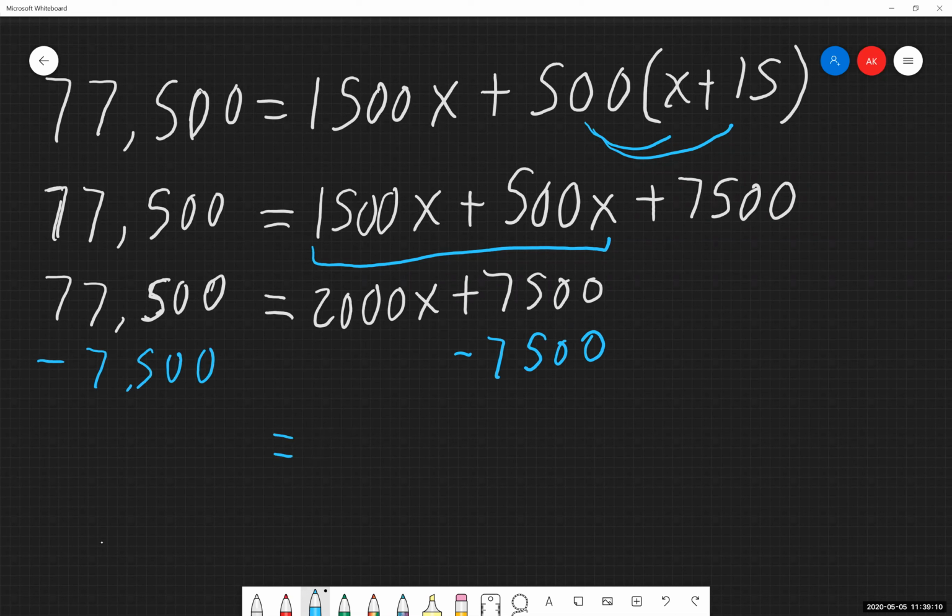Keeping the colors accurate here. On the left-hand side, again, if you need to use your calculator to go through and subtract those things, I'm going to do that just to make sure I'm not screwing up anything else in the problem. We're getting 70,000 on the left-hand side.